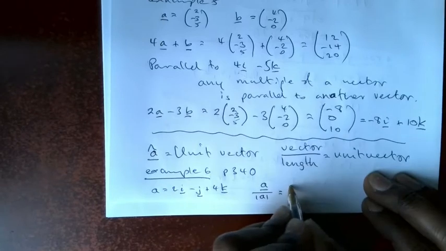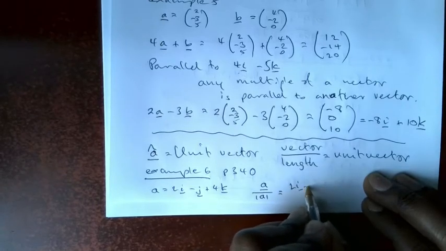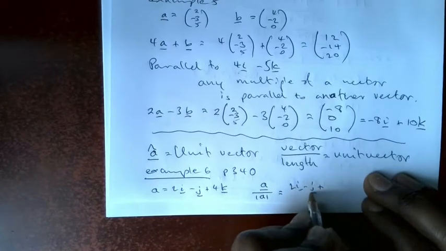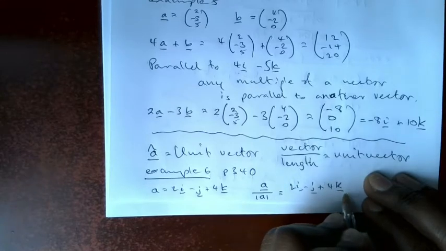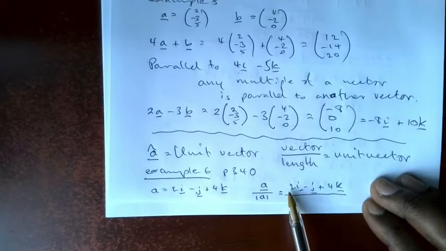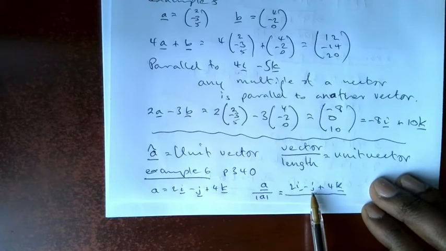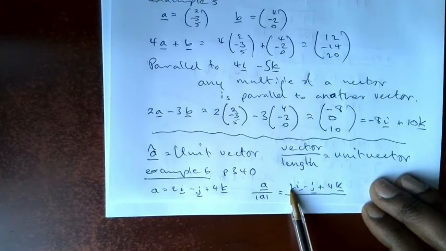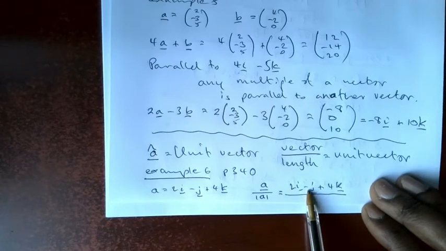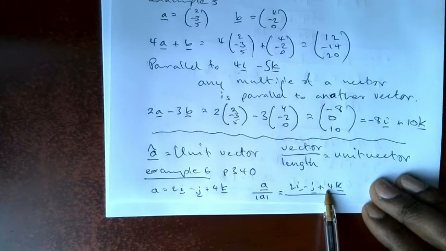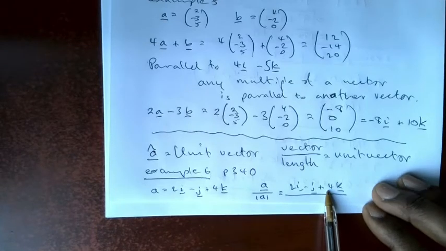So this 2i minus j plus 4k divided by the length of this vector, well, that's just the square root of 2 squared plus negative 1 squared plus 4 squared. In other words, 4 plus 1 is 5. 5 plus 16, that's going to give us a length of 21, I think it's right.